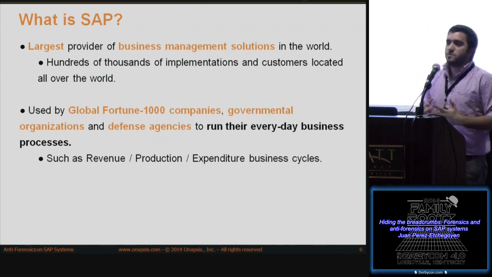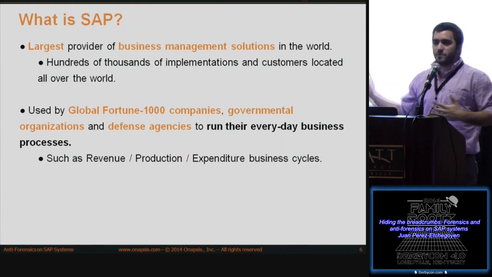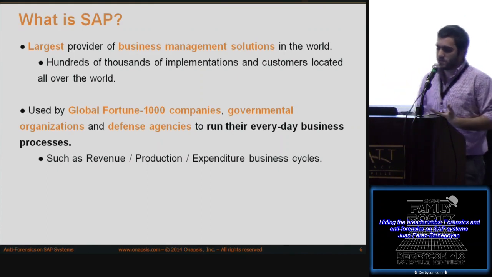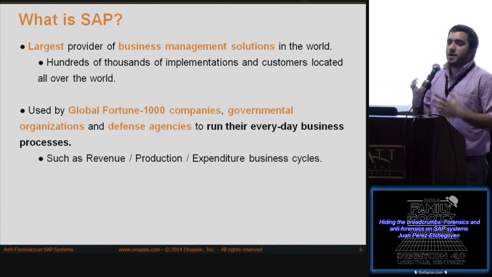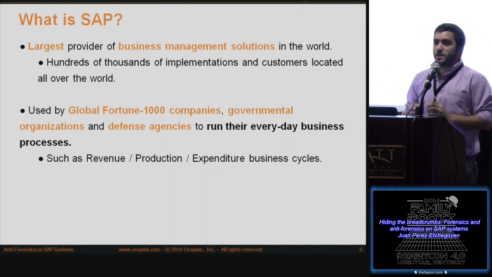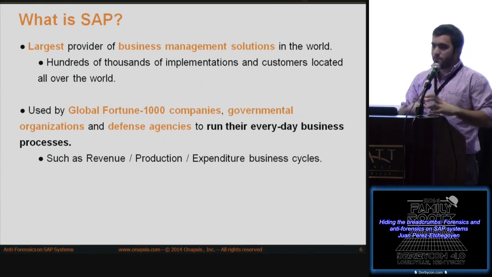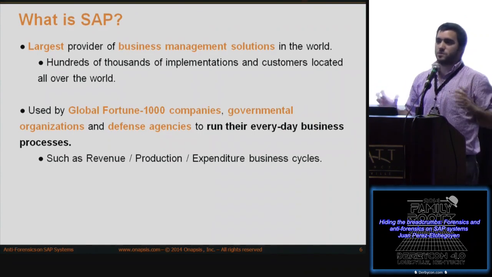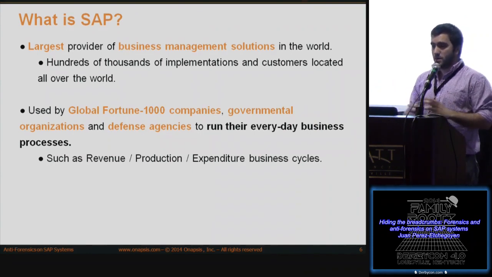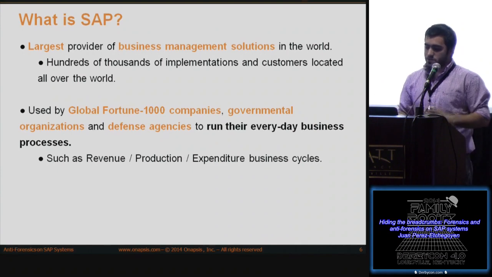What makes these systems so different from other applications is that they are used by the biggest companies in the world to run their business processes. We are talking about Fortune 10, Fortune 100, Fortune 500 customers, governmental entities. All the biggest companies in the world are running SAP systems, and that's where our focus is.